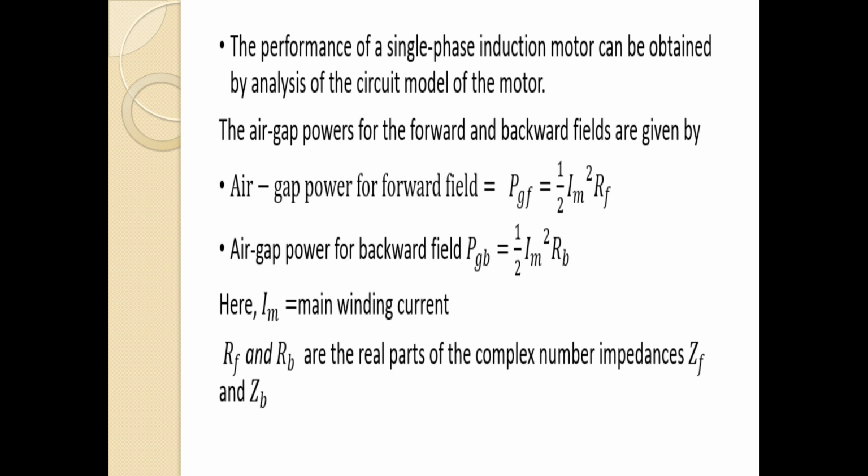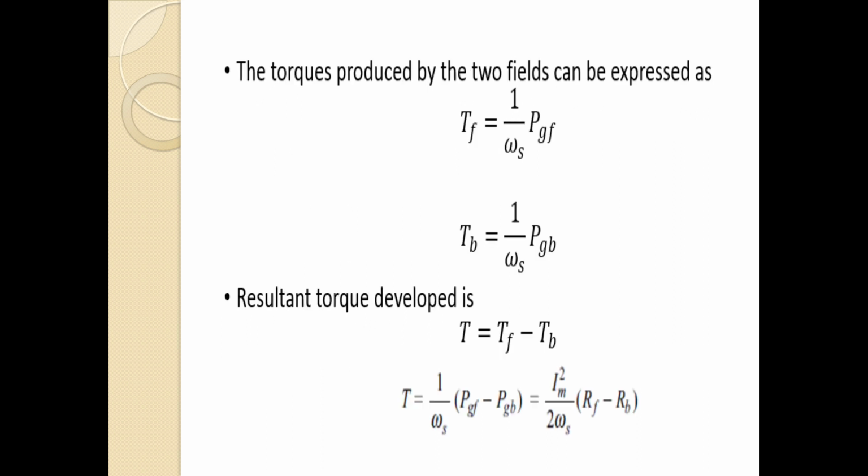Here Im is the main winding current, Rf and Rb are the real parts of the complex impedances Zf and Zb.